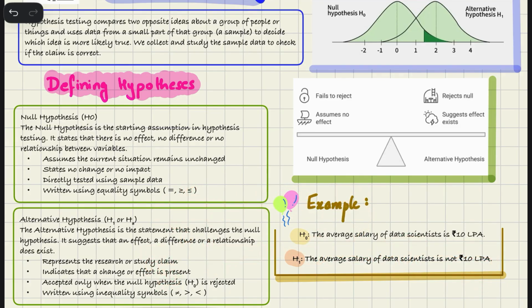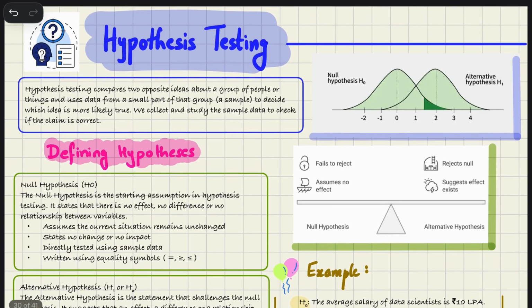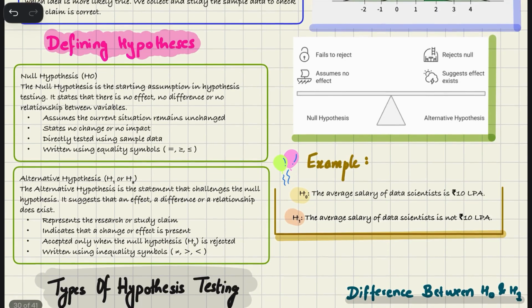All right, so I hope you understood this concept. So we have hypothesis testing, that is testing two opposing statements, and those opposing statements are the null hypothesis and the alternative hypothesis, or H0 and H1. So H0, for example, the average salary of a data scientist is 10 LPA.